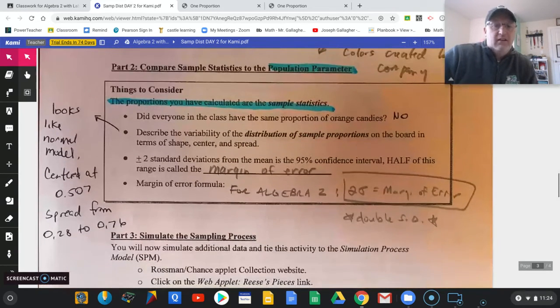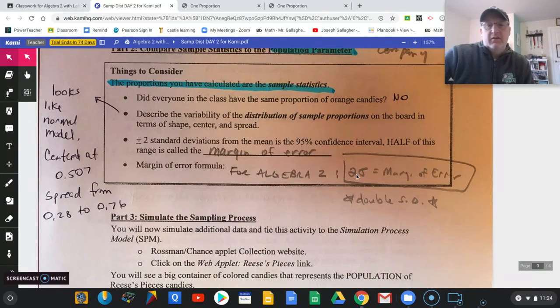What that does then is it gives me my overall confidence interval. If you take that confidence interval and cut it in half, we call that the margin of error. Now, because we're going 2 standard deviations to the left and 2 to the right, that's really 4 standard deviations we're moving. Since we're cutting that in half, the easiest way to know the margin of error is that the formula for this course is just 2 times the standard deviation. So whatever the standard deviation is, just double it.